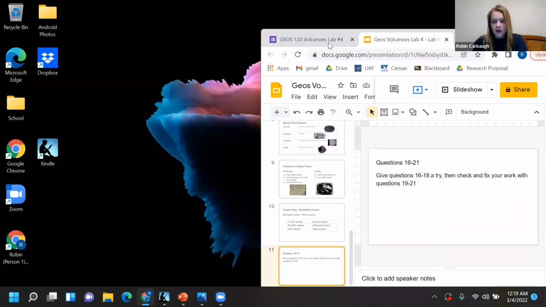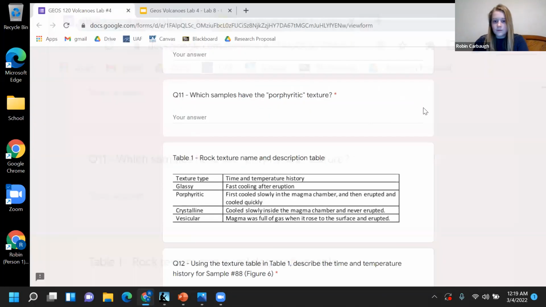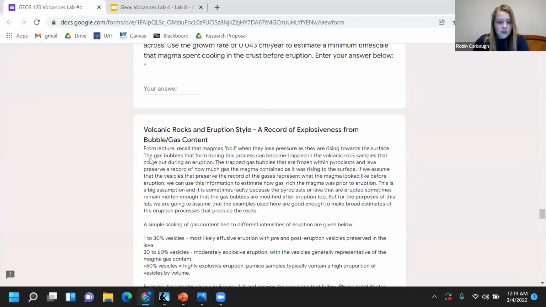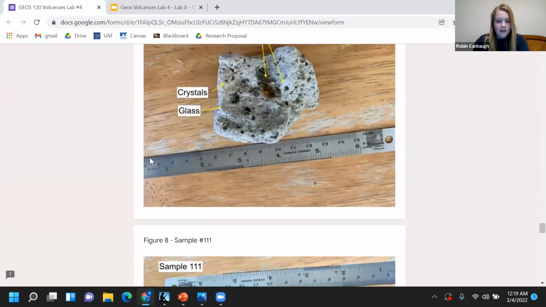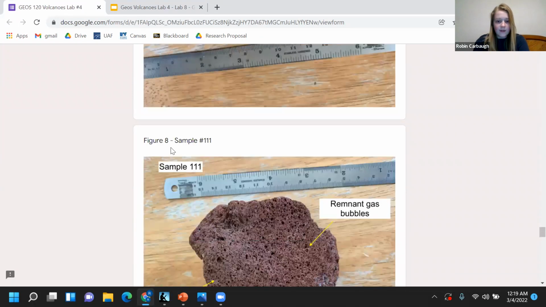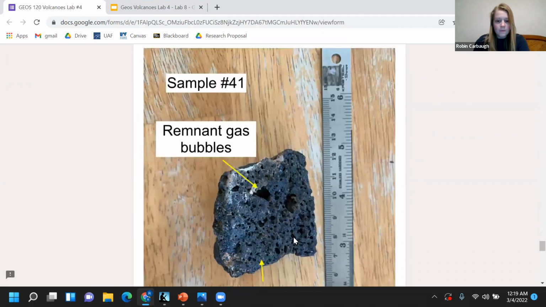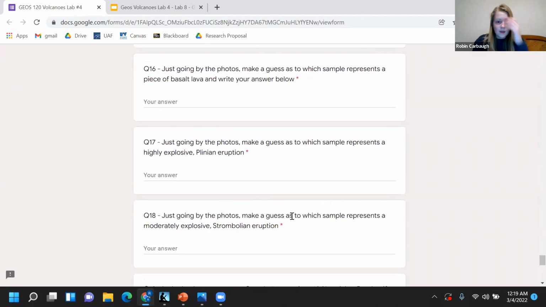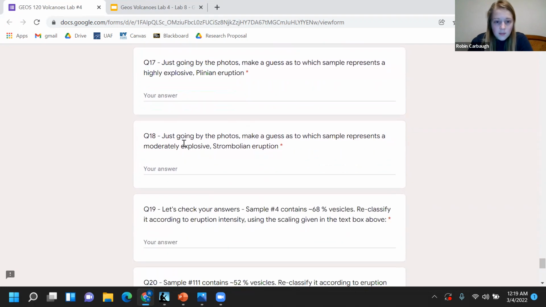What I mean by that, we have these 3 rocks that we're looking at that all have that kind of hole structure to it. And then we're trying to figure out which one's the basalt, which one's highly eruptive, which one's moderately.